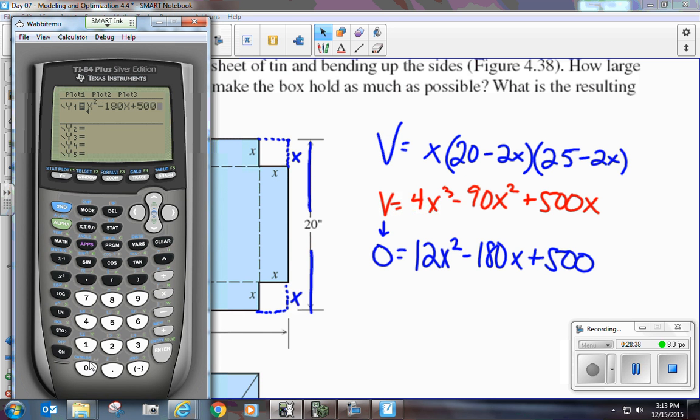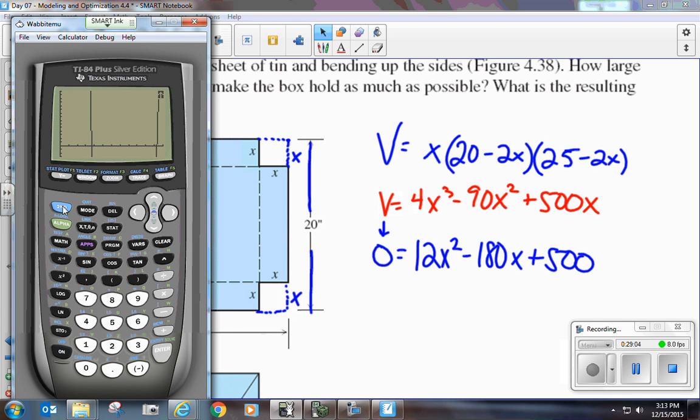Now, I will go to my window. I will make it 0 to 12. And I really don't care about my y, so just go to 15, I guess, and I'll graph it. All right, and actually, why don't I look a little bit below the y's? So I can see, there you go, it crosses, and it crosses. So I need to find those 2 points where they cross.